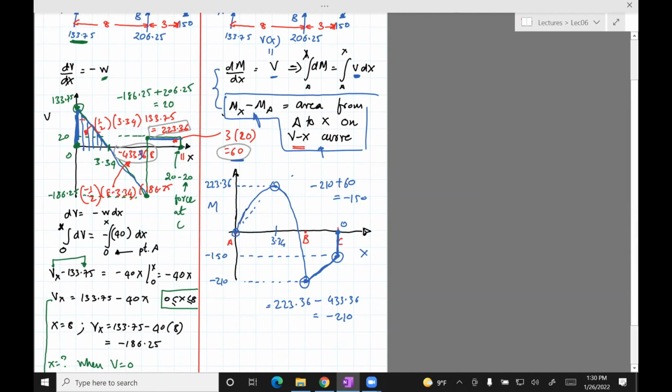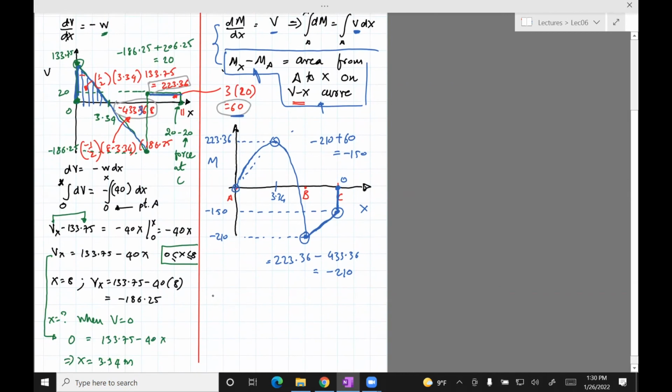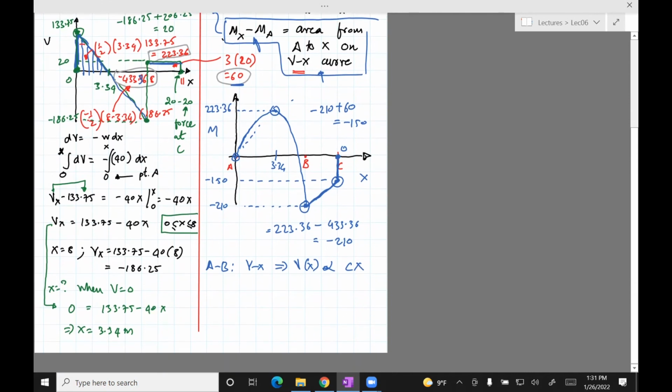The first one? Sure. So from A to B, if you look at the VX curve, V of X is something like this, a constant times X. Now, there might be a constant and so on, but it's basically a constant times X. It could be Cx plus C, whatever you like. All I care is that it's a linear function of X. So once I have that, then M of X minus M of A will be integral V dx.